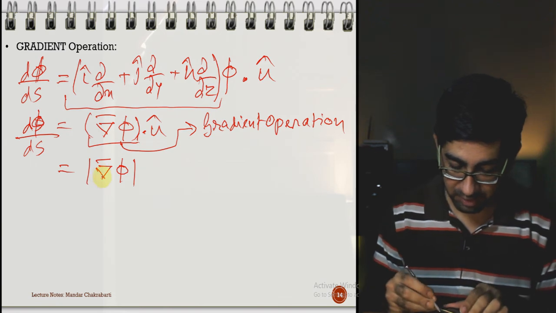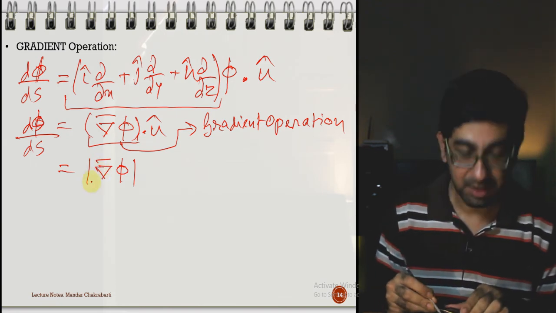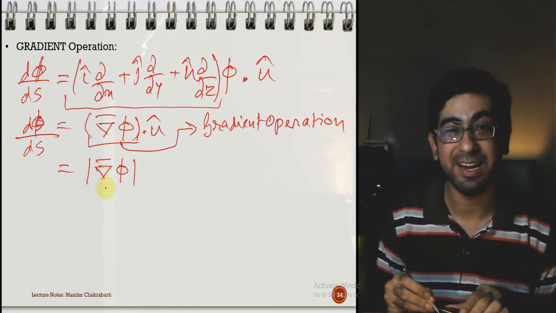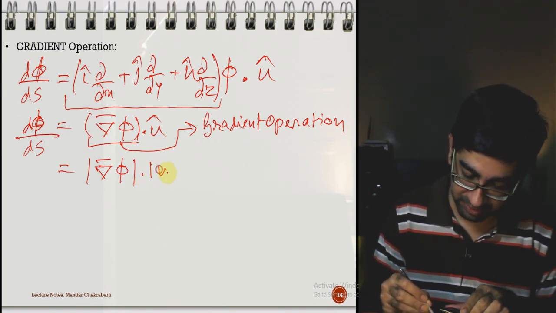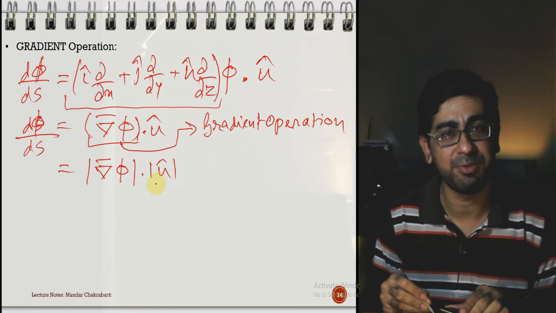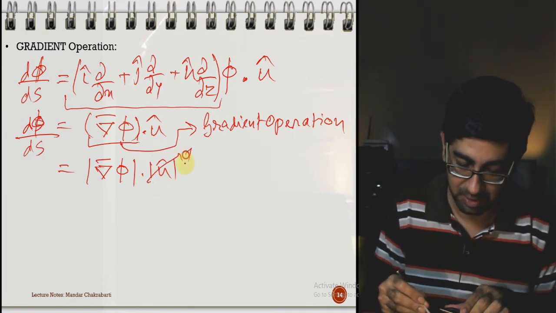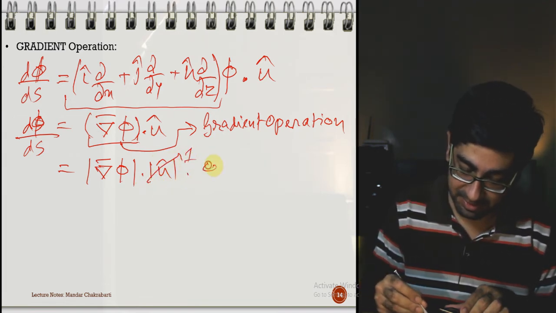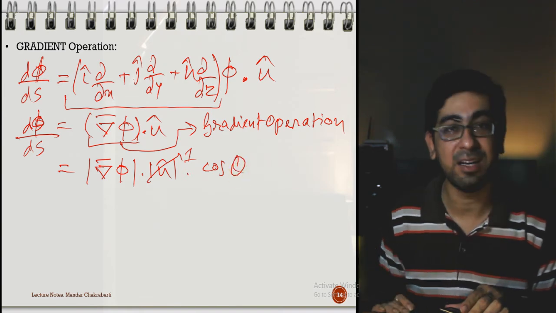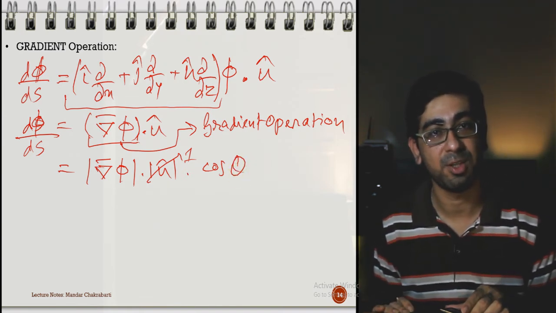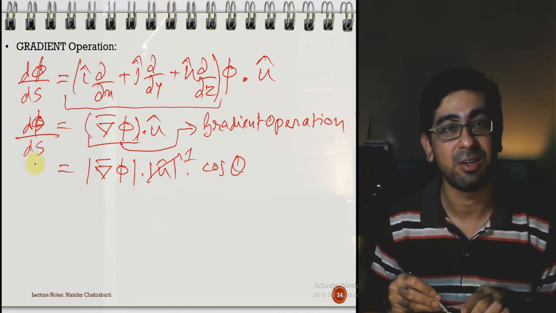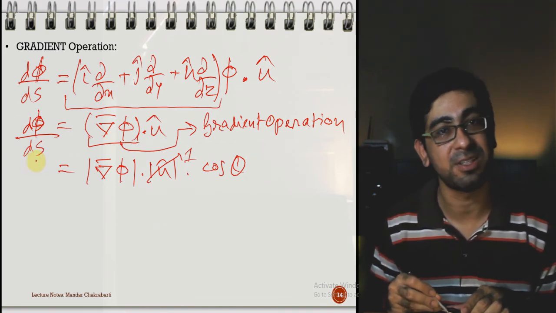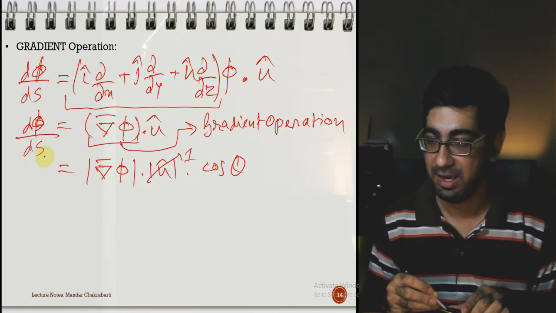Basically, the magnitude of the gradient operation times the magnitude of the unit vector. So, the magnitude of the unit vector is of course 1, and cos of the angle between the two of them. Okay, that is the result of the derivative of this function.